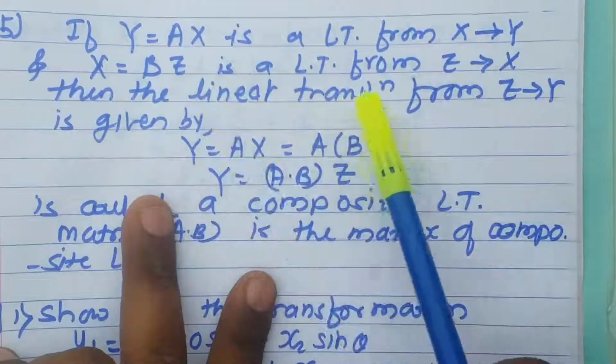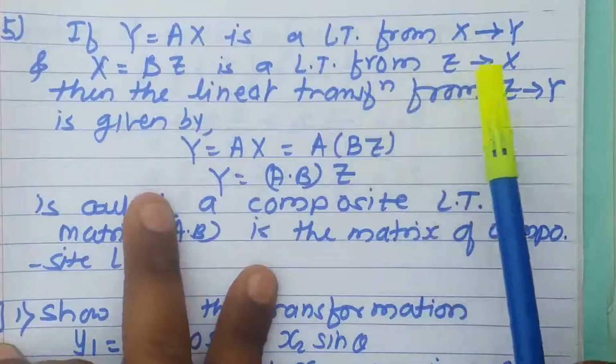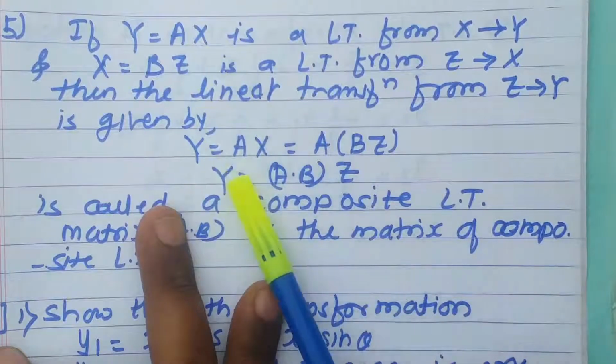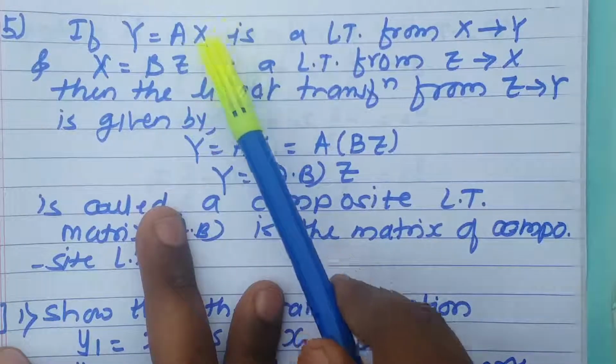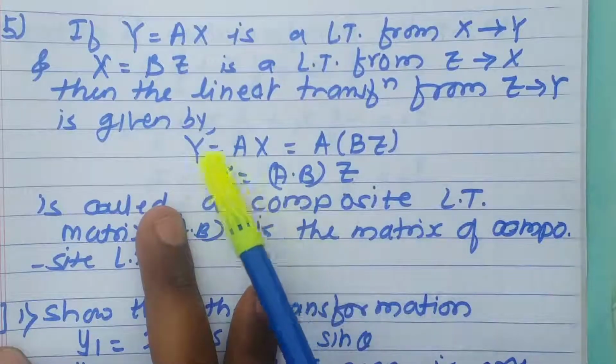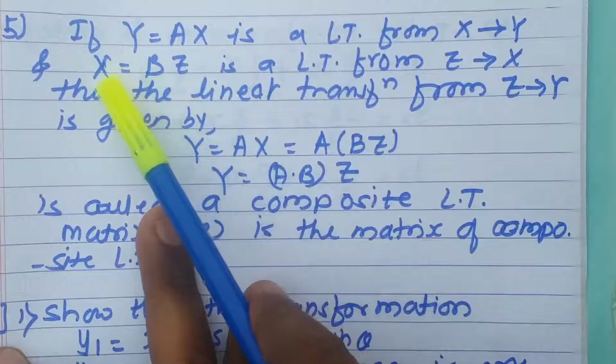Then how do we obtain the linear transformation which maps z to y? Take the first transformation y equal to Ax. In this transformation we can replace the value of x from the second transformation. So I have considered the first transformation and replaced the value of x.